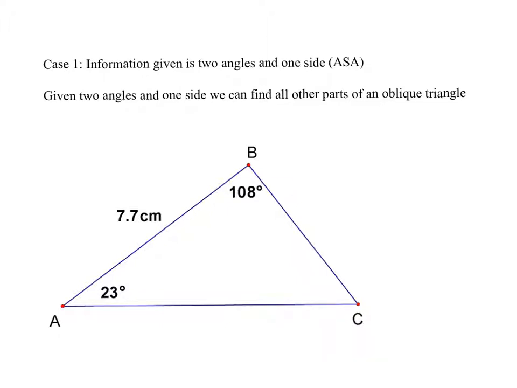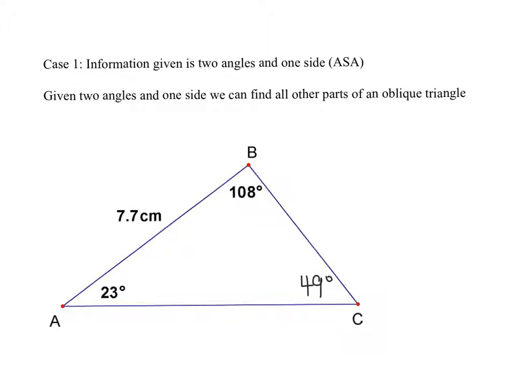The very first thing I can find is angle C. Because we're given two angles and the sum of the angles in a triangle is 180, we can solve for angle C, doing 180 minus 108 minus 23, and we get angle C as 49 degrees.